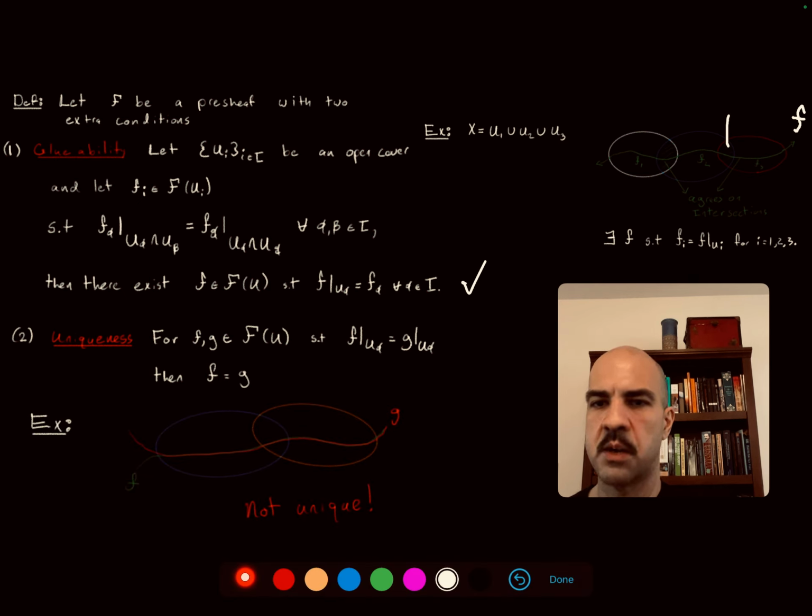If we have these two functions agreeing on both of these open sets, then they have to agree in the total space, and this is the uniqueness property. So locally they're equivalent, so they're part of the same function, and this is what it would look like if it wasn't this. Then these two functions wouldn't be equal, but they agree on all the open sets.